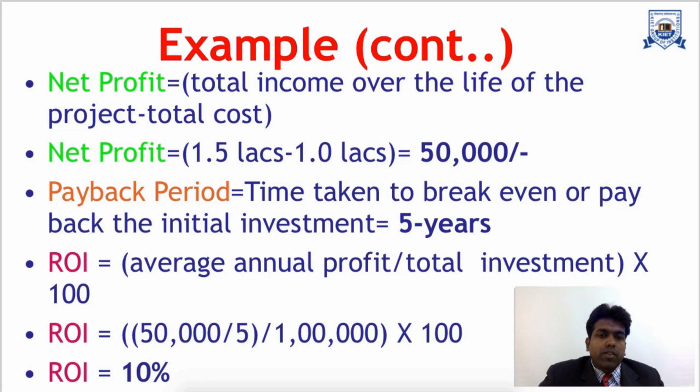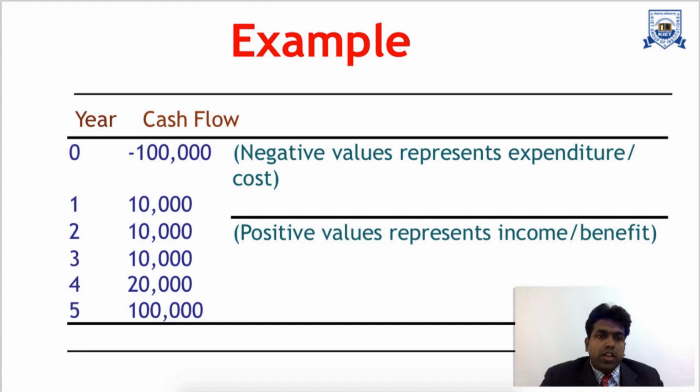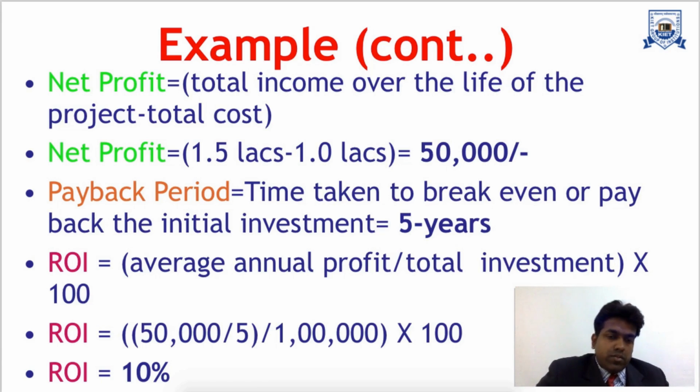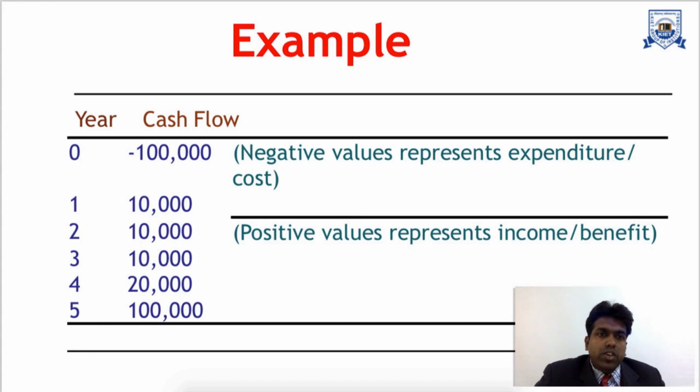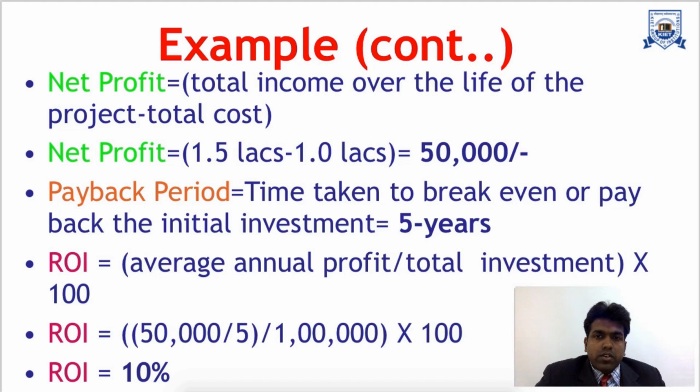So we will divide it by 5 years, as we are getting it in 5 years. So 50,000 divided by 5 and then divided by total investment. What is the total investment? That is 1 lakh. Okay, and then multiplied by 100. After this calculation, we will get 10%. That is the ROI. So ROI is 10%.